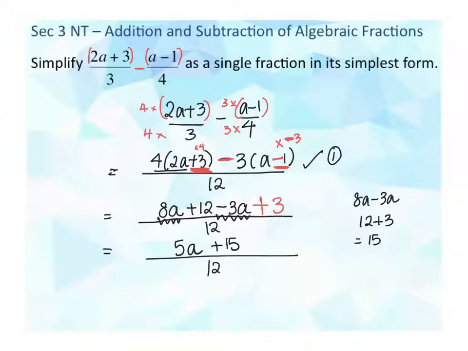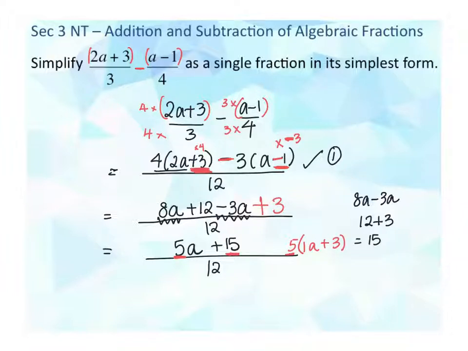Now, many of us will stop here for the answer, but let's take a look. Is there any common factor? So, if I were to check, this is 5, this is 15. There is a common factor, 5. So, factorizing out 5, I will get 5 divided by 5 gives me 1a plus 15 divided by 5 gives me 3.